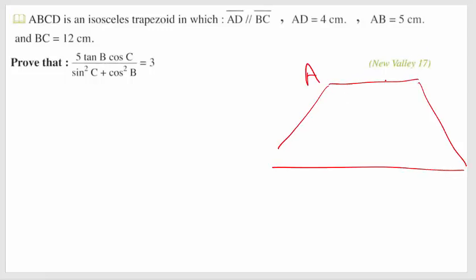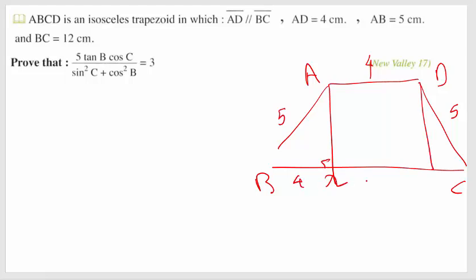We have again an isosceles trapezium like this. ABCD, this is 5 centimeters, it's 4, and here I got BX, which is equal to 4, XY, which is equal to 4, YC, which is equal to 4 centimeters, and those two sides are 3 centimeters.